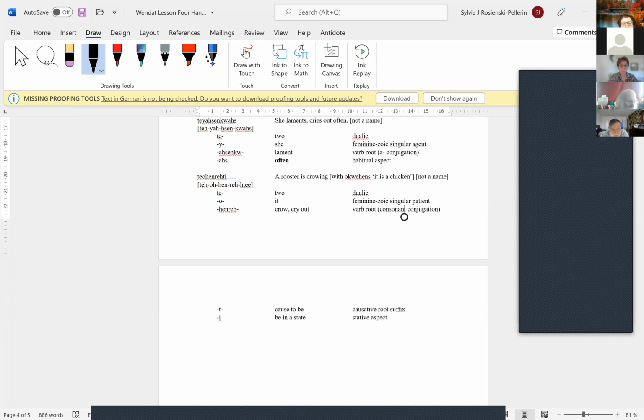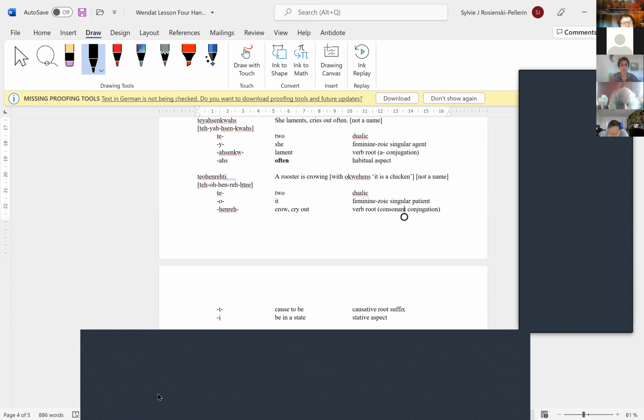Now, the word for chicken, obviously they didn't have chickens before, but it would refer kind of generically to doves and pigeons, because they're very similar. And I know a number of languages that do that. There wasn't a traditional word for it. So, all right.